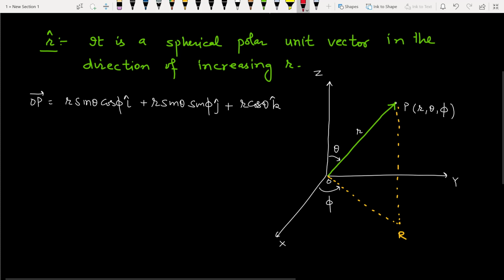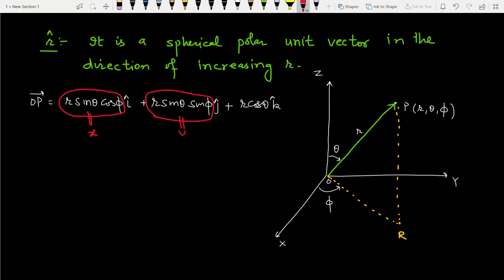As in the previous lecture, what we have studied is that this is x in the Cartesian coordinate system, this is y, this is z. So this is nothing but x i cap, y j cap, z k cap.